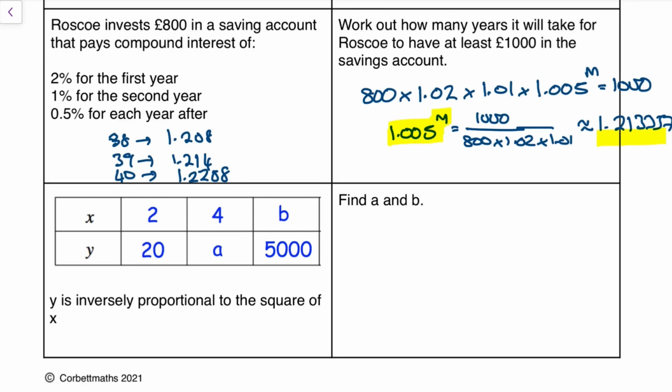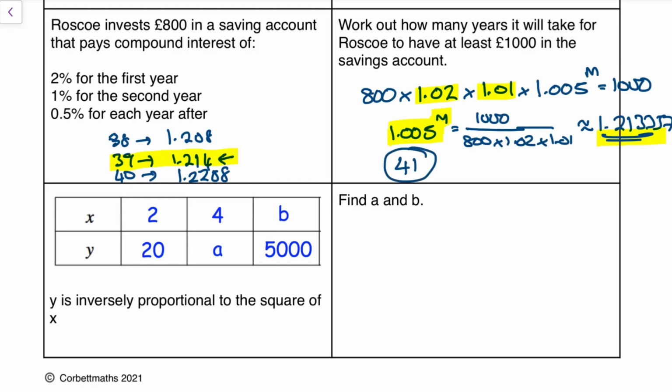Now, what's relevant is this number here is the first number that's greater than this number here. So the number I care about is when m is 39. But you'll remember I've got year 1, year 2, then another 39 years on top. So actually the answer to this question is 41 years.